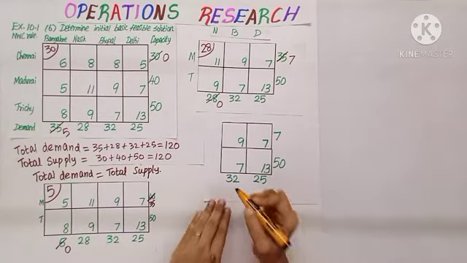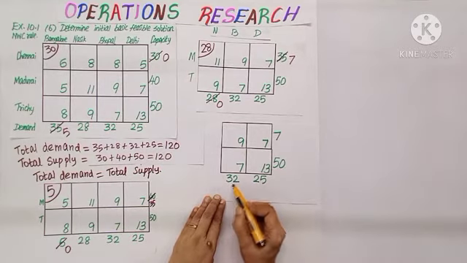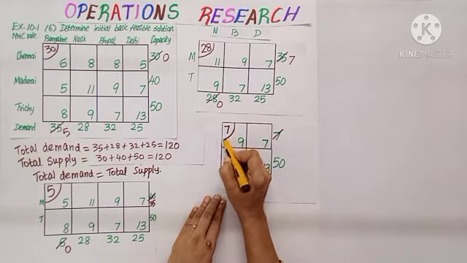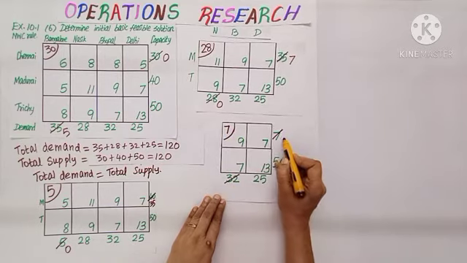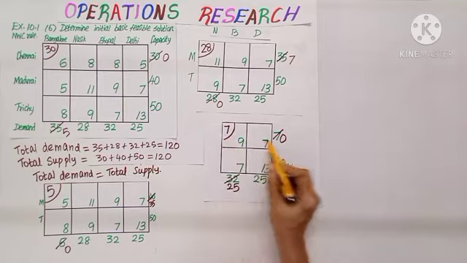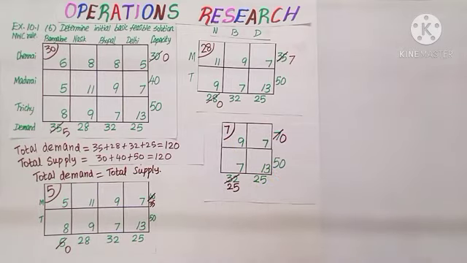Here again the northwest is this cell, 7, 32, which is less? 7. So allocate 7 here. This will become 32 minus 7, that is 25. Now this row is also done. We are left with the last 2 cells.